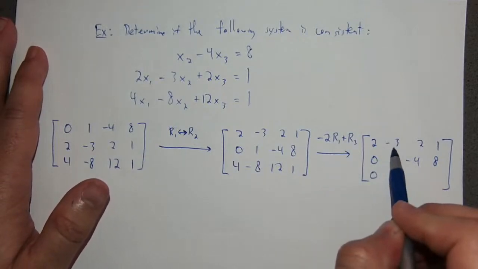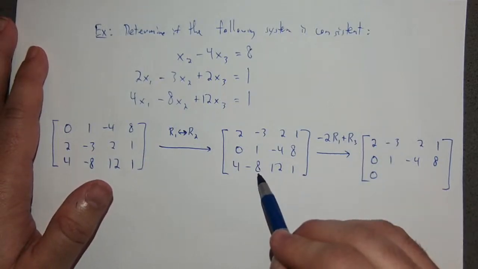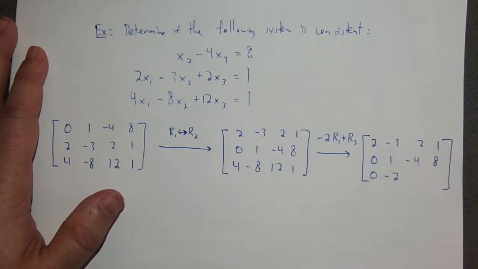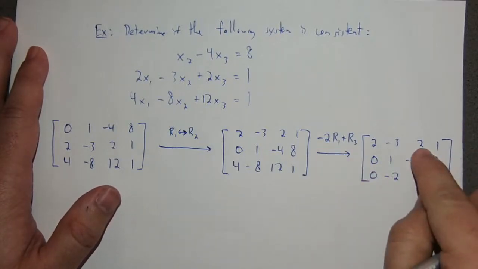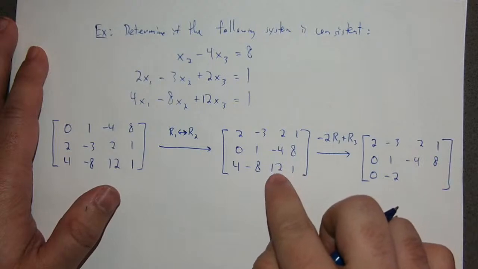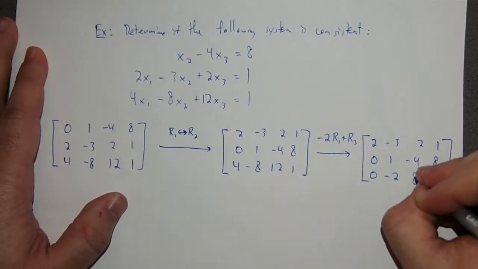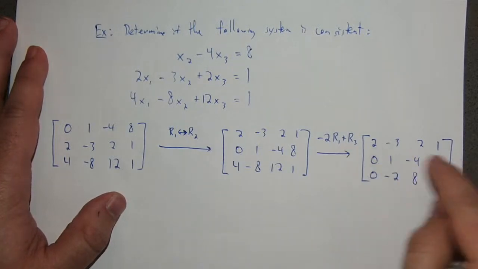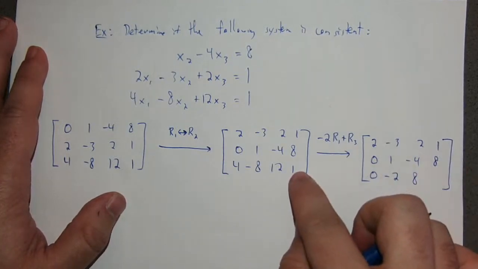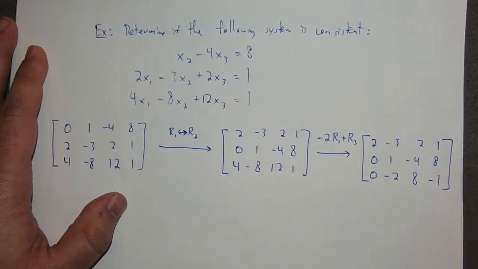Minus 2 times minus 3 is 6, plus minus 8 is minus 2. Minus 2 times 2 is minus 4, plus 12 is 8. And minus 2 times 1 is minus 2, plus 1 is minus 1.